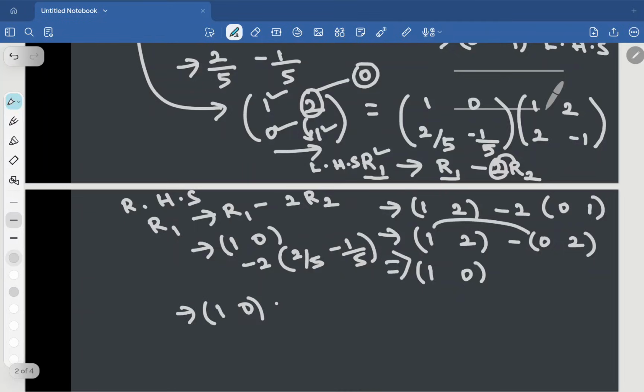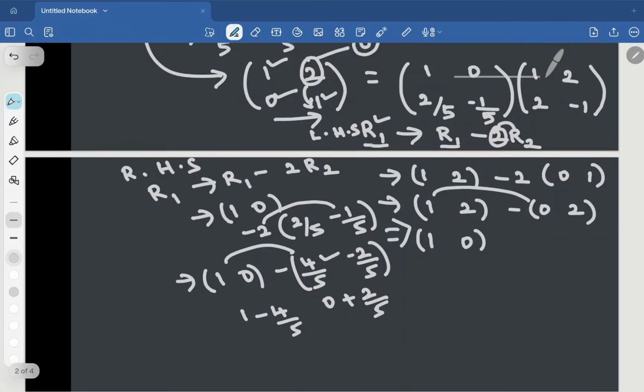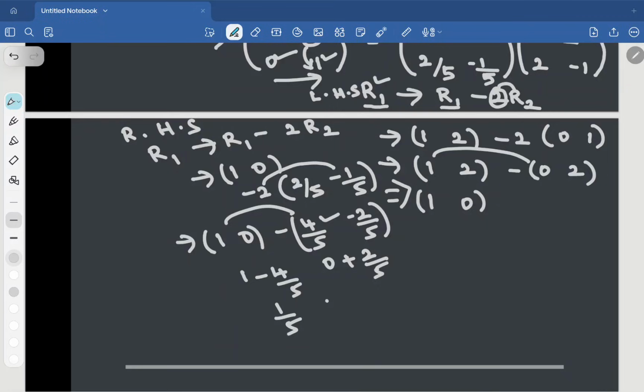So 1, 0 minus 4 by 5, and 2 into minus 1 by 5 is minus 2 by 5. Therefore 1 minus 4 by 5 is 1 by 5, and 0 minus of minus 2 by 5 is 2 by 5. This is for R1 of RHS.